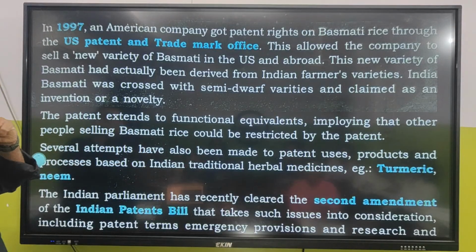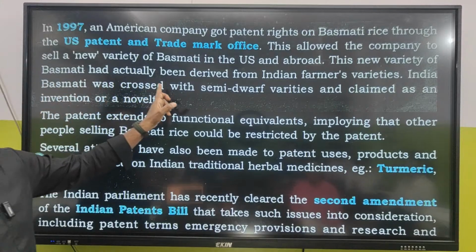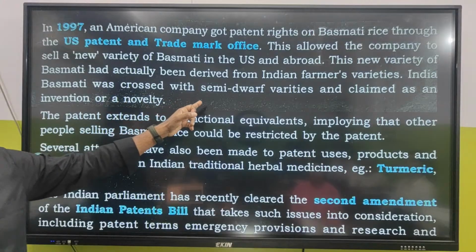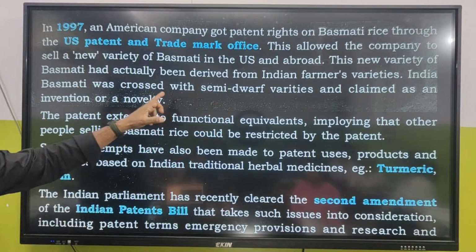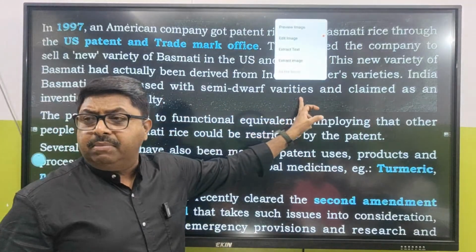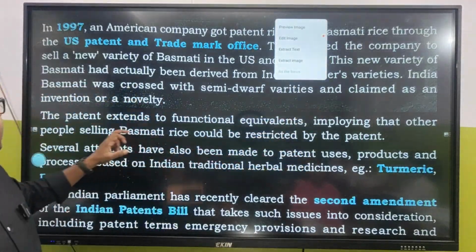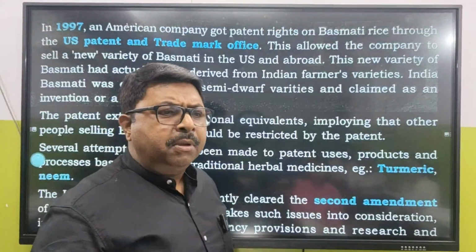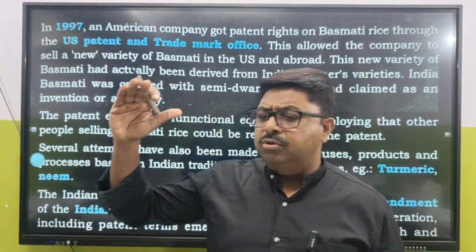Basmati had actually been derived from Indian farmer varieties. Indian basmati was crossed with semi-dwarf varieties and claimed as an invention or a novelty. Tell me, a semi-dwarf variety, neither too tall nor too dwarf.